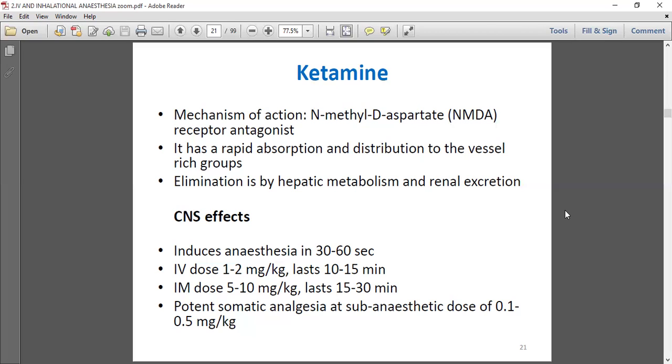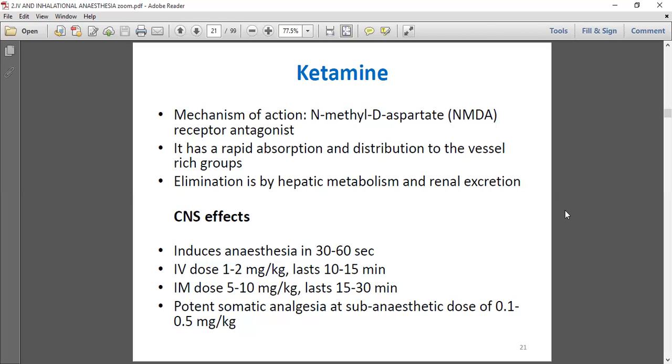You get the difference? The NMDA receptor allows transfer of signals between neurons in the brain and the spinal column. For this to happen, the receptor must be open. Hence, you're supposed to have glutamate and glycine binding on that receptor. But ketamine binds on that receptor and inhibits it, and that's how it acts as an antagonist.